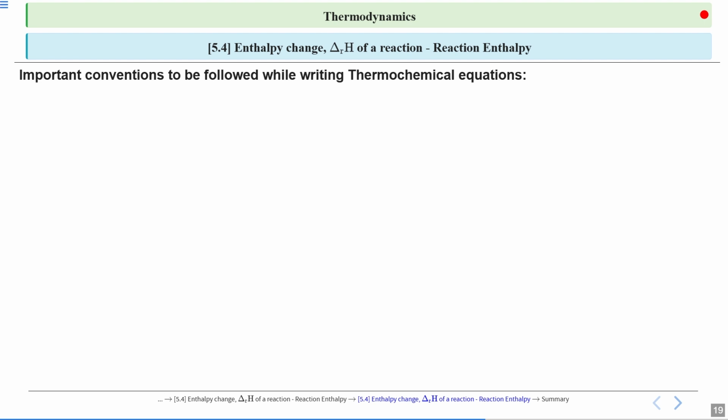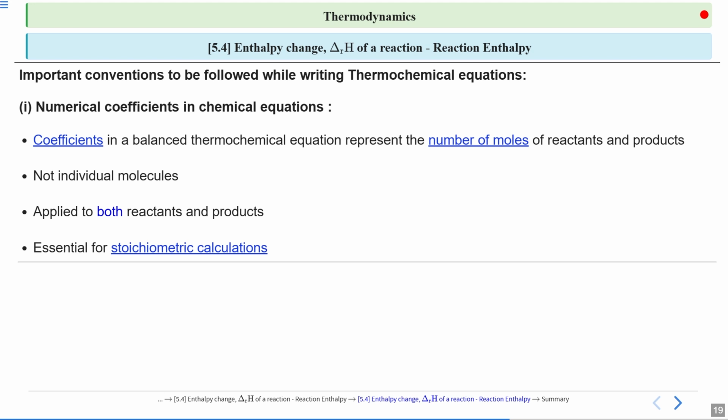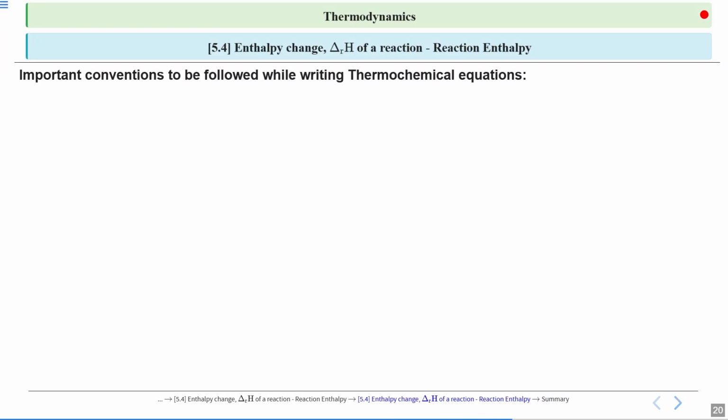Now, let us try to understand the same with some points. The first was the numerical coefficient in the chemical equation. What do they define? They define the number of moles and not the number of molecules of reactants and products. Got it? Then this applies to both reactants and products, and it is an essential stoichiometric significance that you should remember for a thermochemical equation. What was the second convention?